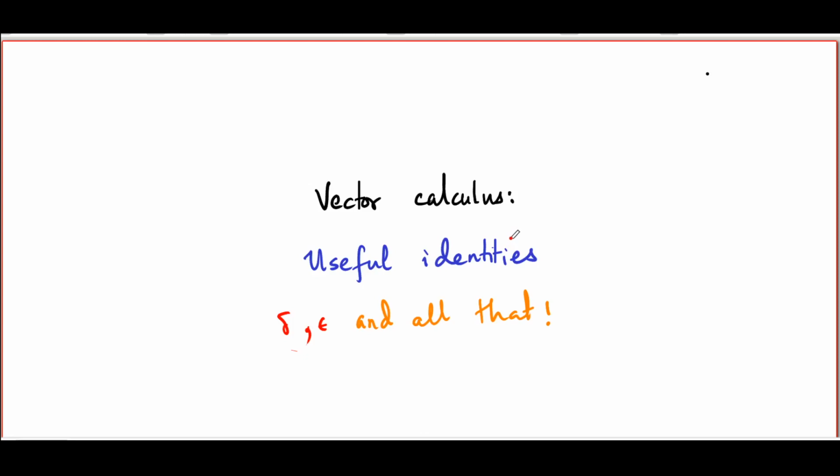These are symbols which have specific meaning and which make many calculations involving vector calculus and indeed vector algebra much simpler and faster. So in the first lecture, we are going to go back to vector algebra, basically dot and cross products, and there meet these symbols, the Kronecker delta and the Levi-Civita epsilon symbol.